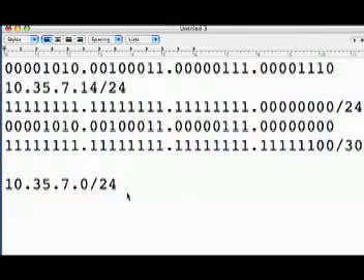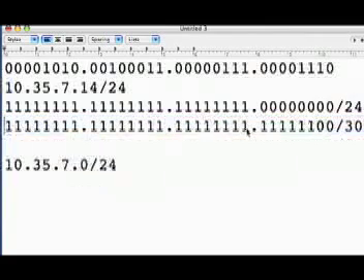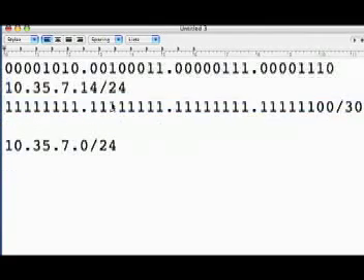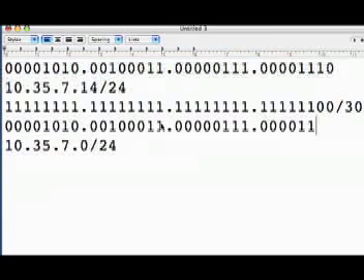So if we do the bitwise AND between our IP address here and this /30, we get the first 30 bits and then a 00. And that's our network identifier.